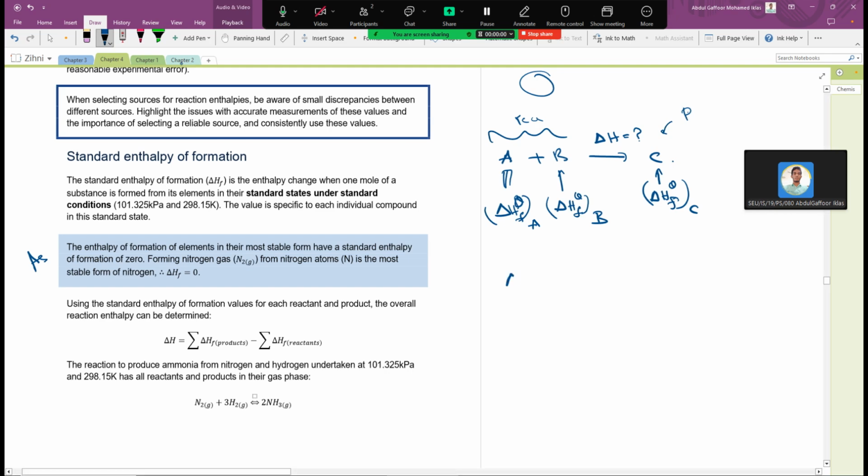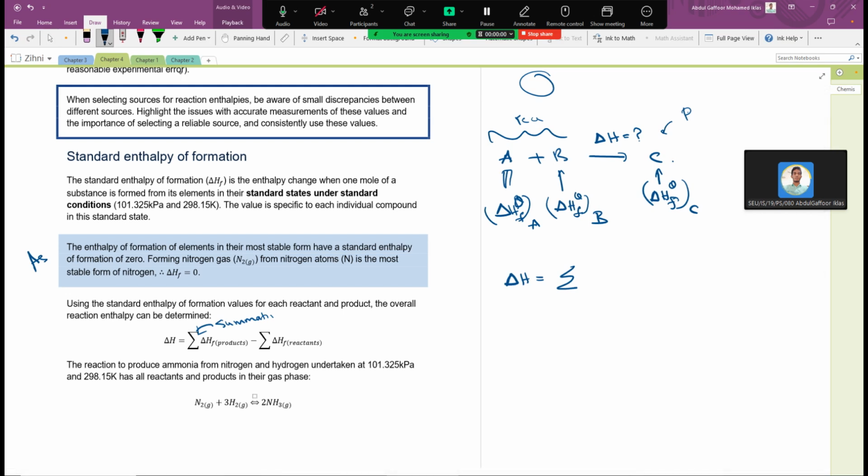So in that case, delta H is equal to summation. Are you familiar with this symbol? Sigma, summation, in mathematics. We have to just sum up the values coming within this symbol.